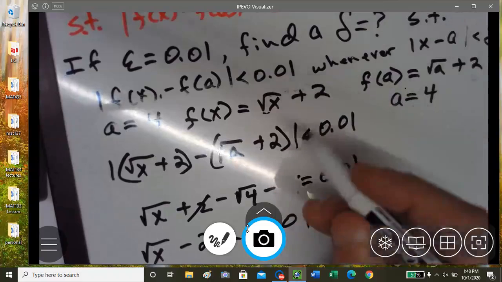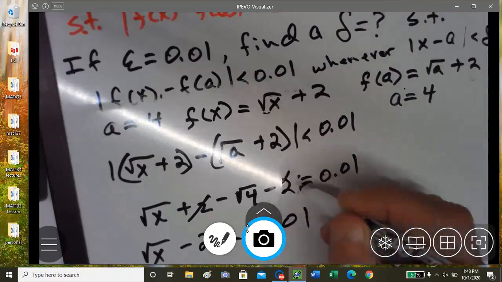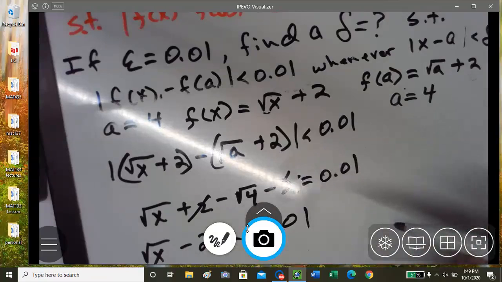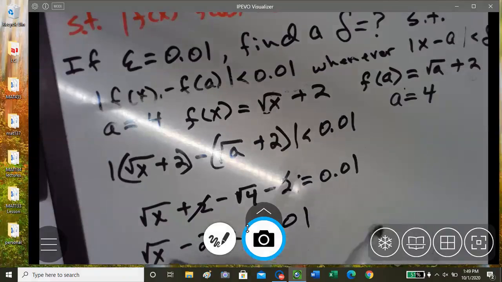Okay, so the 2's canceled out, and we're left with the square root of 4, which is 2. So now we go ahead and solve for x. So we apply plus 2.00, and that gives us square root of x equals 2.01.